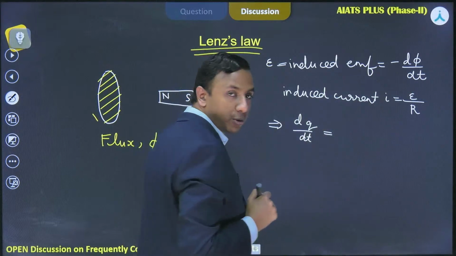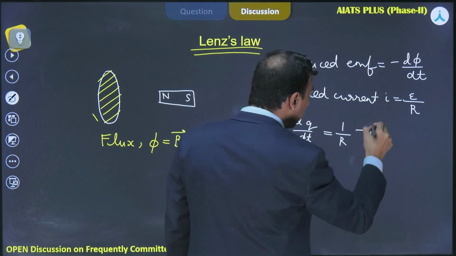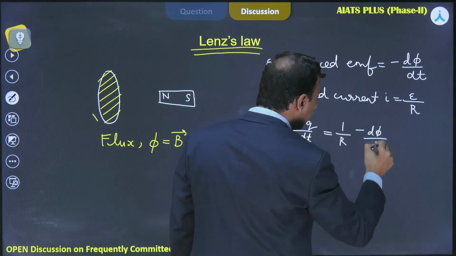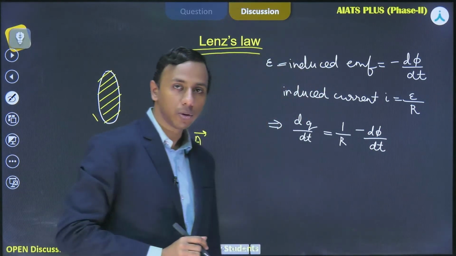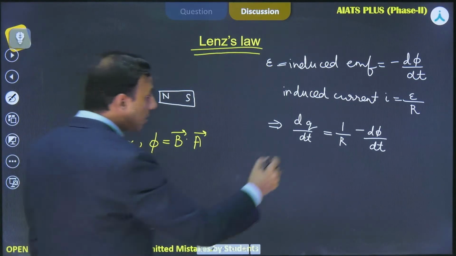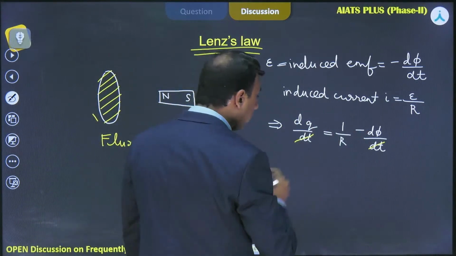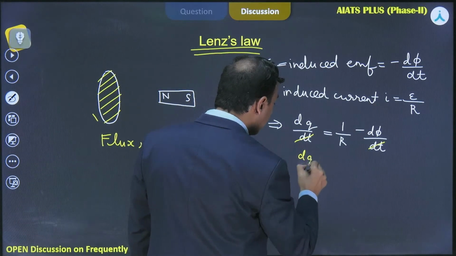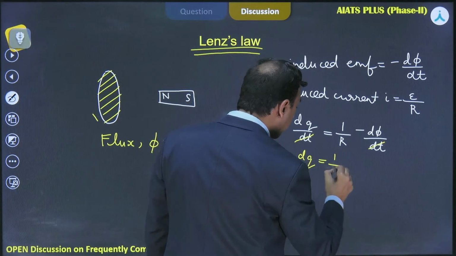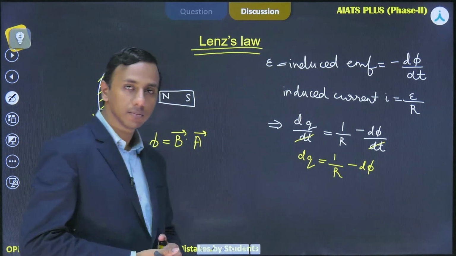Epsilon, substitute over here, so that becomes 1 by r minus d phi by dt, okay? 1 by r minus d phi by dt, and if you want you can cancel, right? dt and dt you can cancel, right? So dq you are getting as how much? dq you are getting it as 1 by r minus d phi. All right.